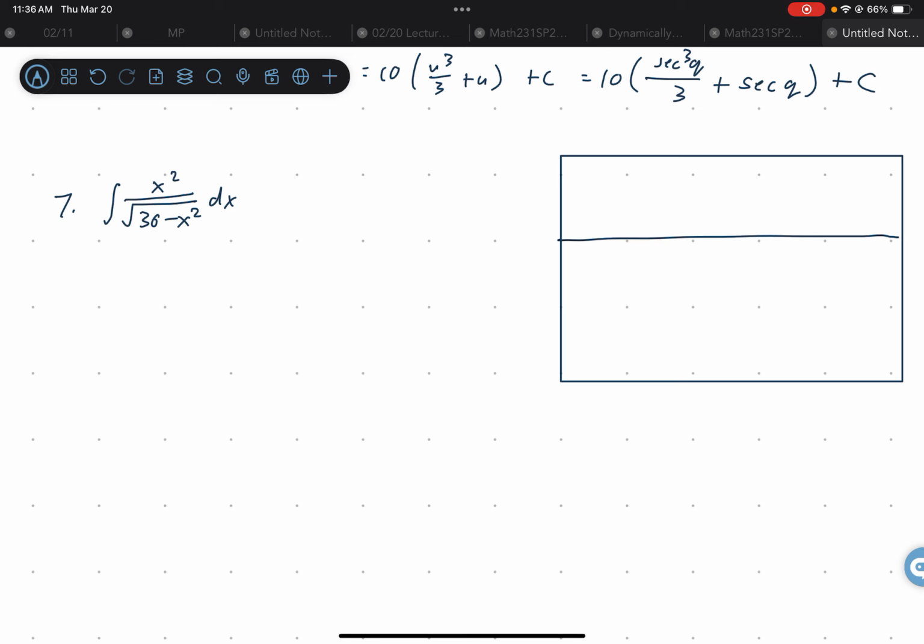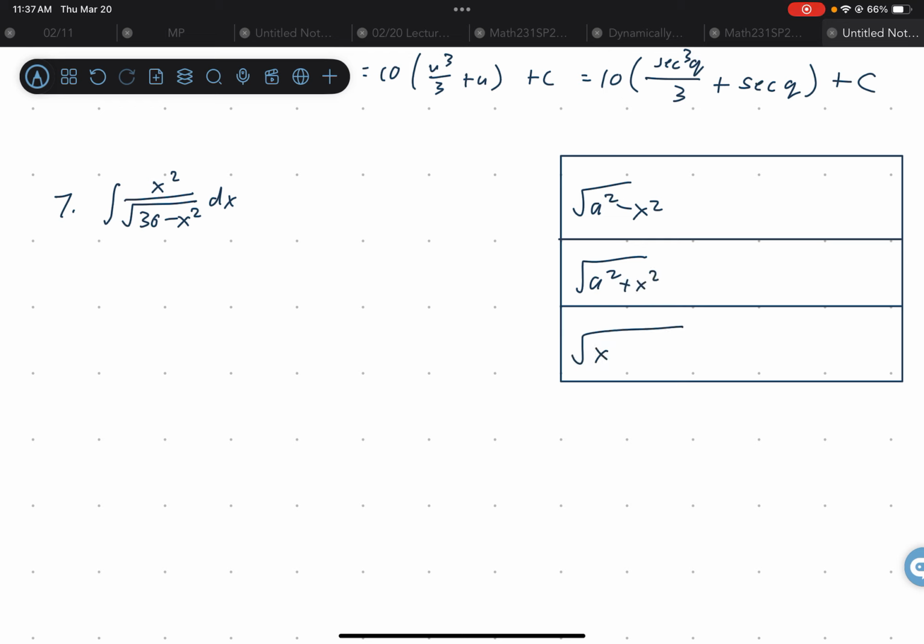And it's going to be a list of translations. There's 3 that you need to remember. When you have expressions that contain a squared minus x squared, where a is just any constant, a squared plus x squared, and x squared minus a squared, the translations you're going to make.